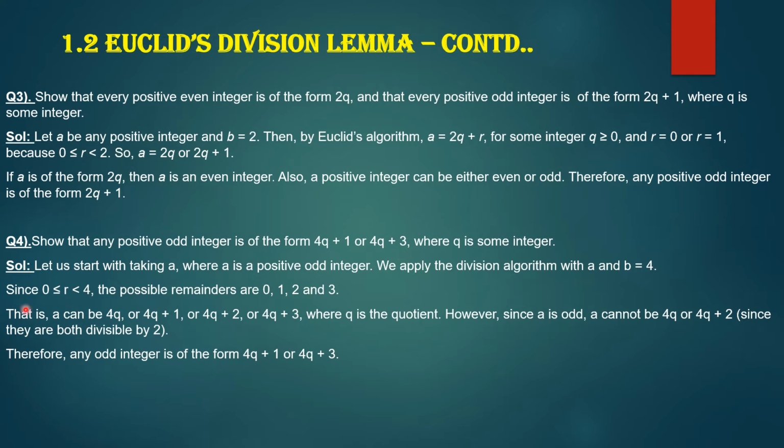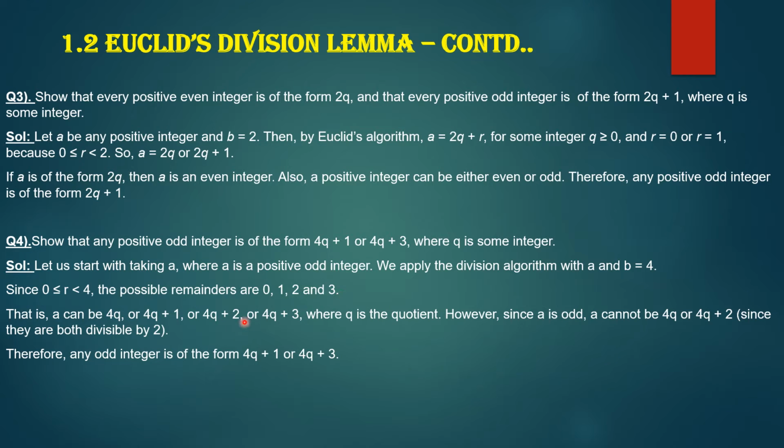So exactly again, we will consider a positive integer a and we will consider b over here as 4. The moment a and b are available, how can we write r? r is greater than or equal to 0 and less than b, which is 4 over here. So how many possible values of r? 0, 1, 2, 3.